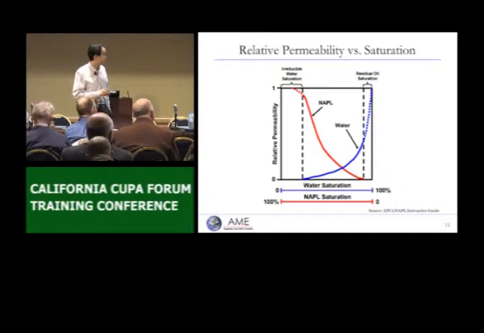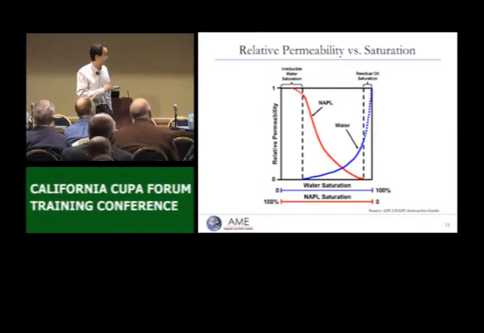The relative permeability increases with the increase of LNAPL saturation. It goes up, not linear, some kind of curved shape. And here, this part means you have irreducible water saturation. It's really difficult to get water totally out of the pore space. So in that sense, you never get 100% product saturation in the formation.